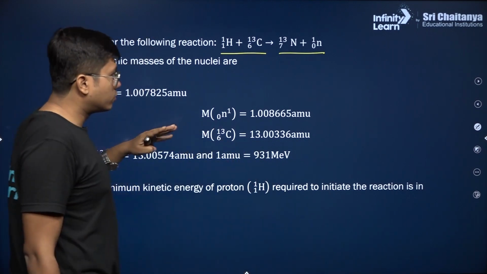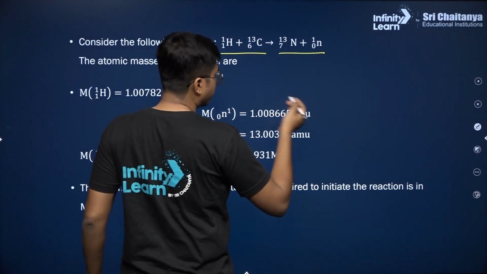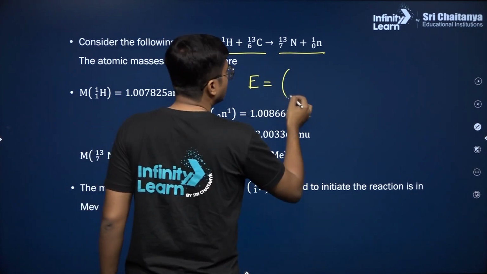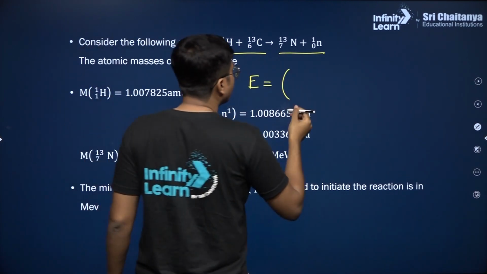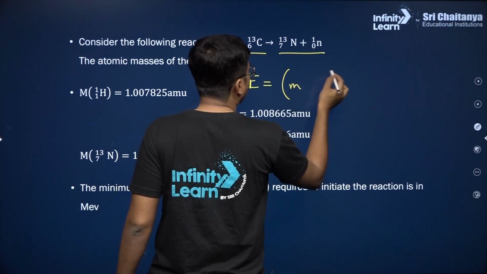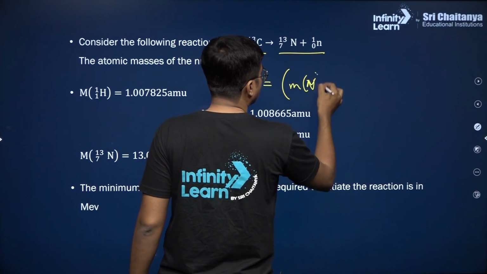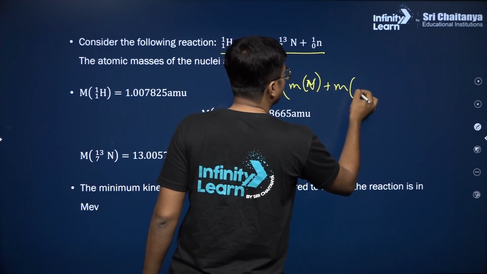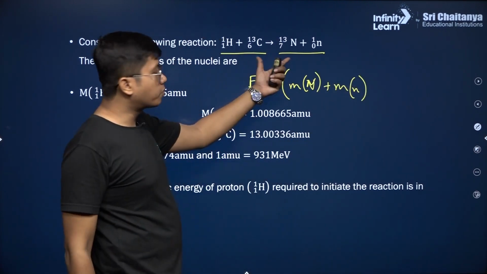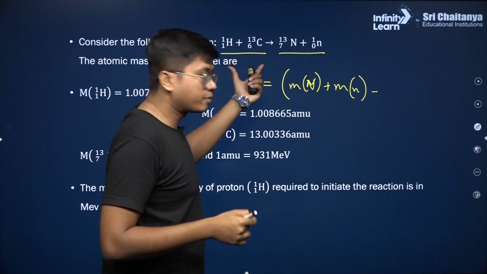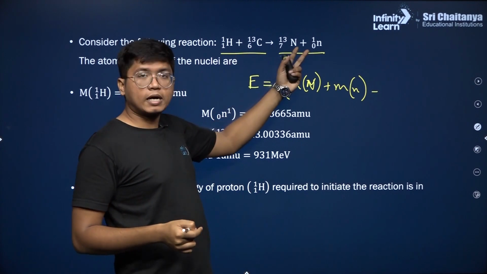So the energy just refers to the mass difference between them, which is the mass of this N plus the mass of this neutron, right? This is on the product side. Subtract this from the original masses, because that is going to give you how much mass has increased.